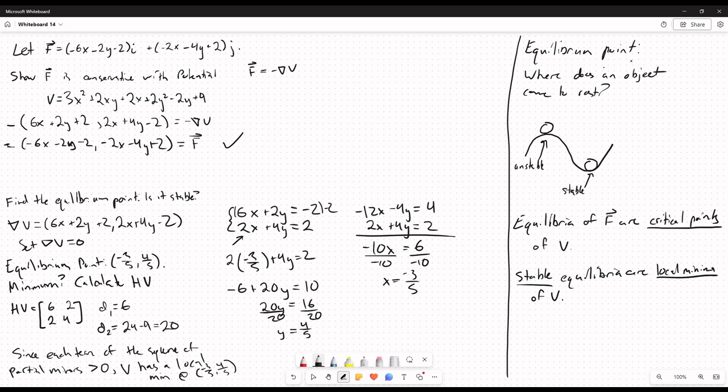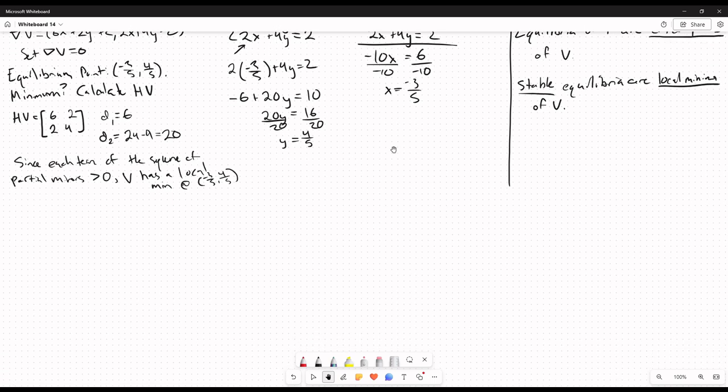Which then tells us, I'll scroll down slightly just so we can write it. Therefore, since it's a minimum of the potential function, -3/5, 4/5 is a stable equilibrium point.